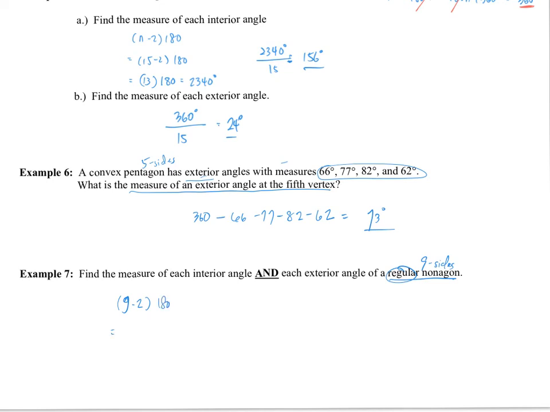So that will give you 7 times 180 degrees, which equals 1260. And then you take 1260 and divide by 9 to get 140 degrees for the interior. And then for the other one, again, 360 divided by 9. So you can see 40 degrees exterior.